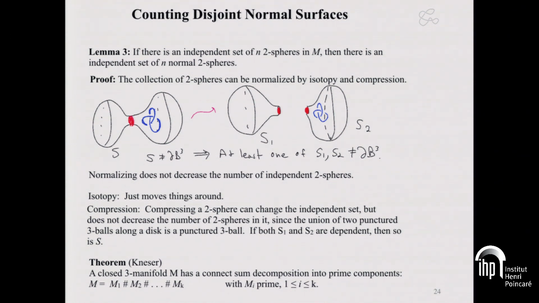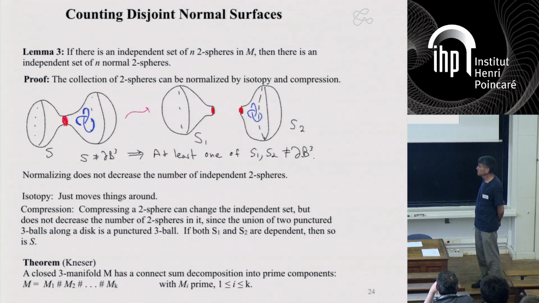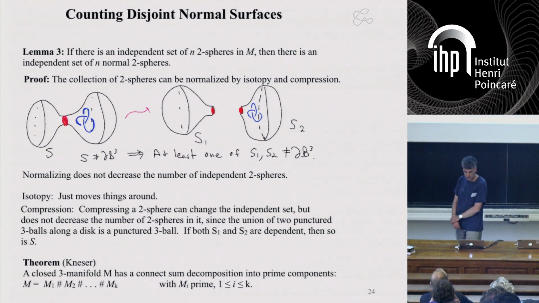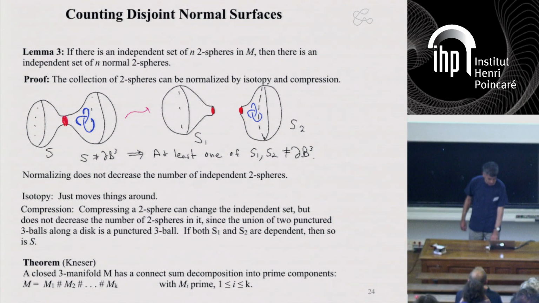So the logic is, supposing we start with a lot of non-parallel two spheres, we normalize them by this compression, boundary compression, and isotopy. At the end, we want to make sure we still have just as many normal two spheres. And if that's bigger than 6T, we'll get a contradiction.